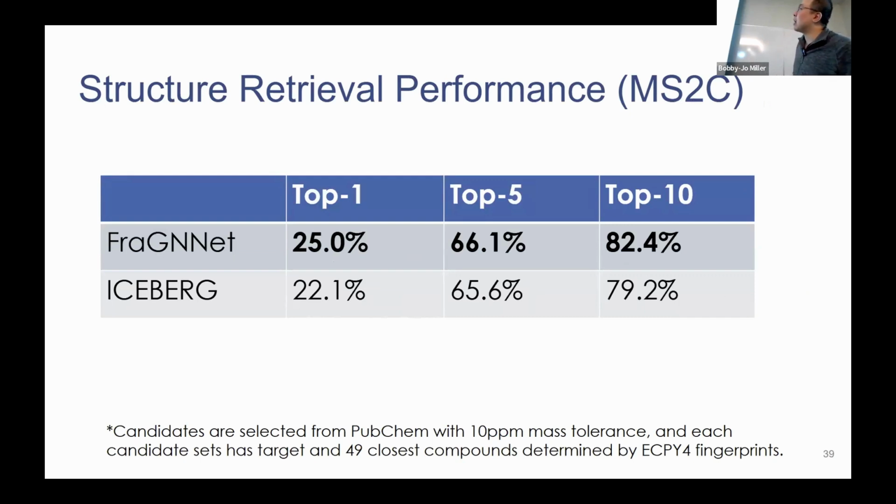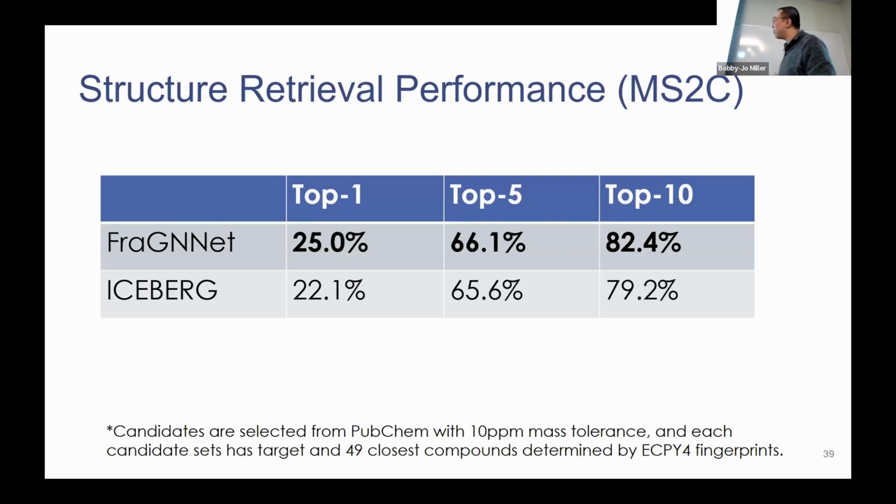This is a test we conducted using our holdout data set, where the retrieval candidates are from PubChem, the 119 million ginormous database of molecules. We select candidates within a 10 ppm mass tolerance, because outside of the 10 ppm mass tolerance is not going to match anyway.